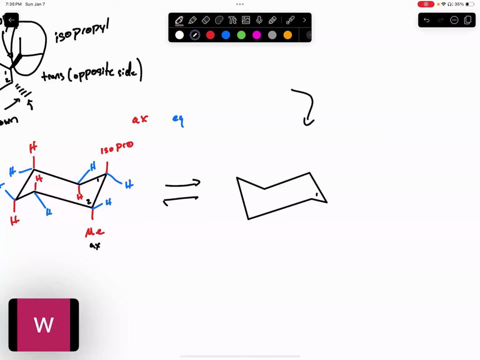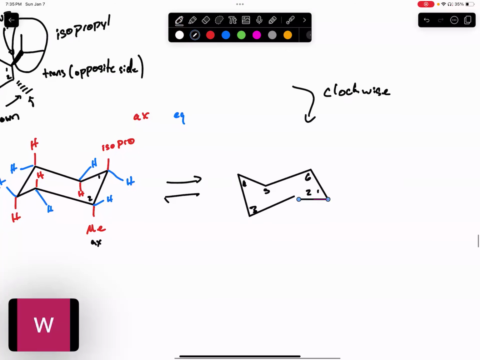Everything moved clockwise. So this would be carbon 1, this is carbon 2, carbon 3, carbon 4, carbon 5, carbon 6. That's easy.